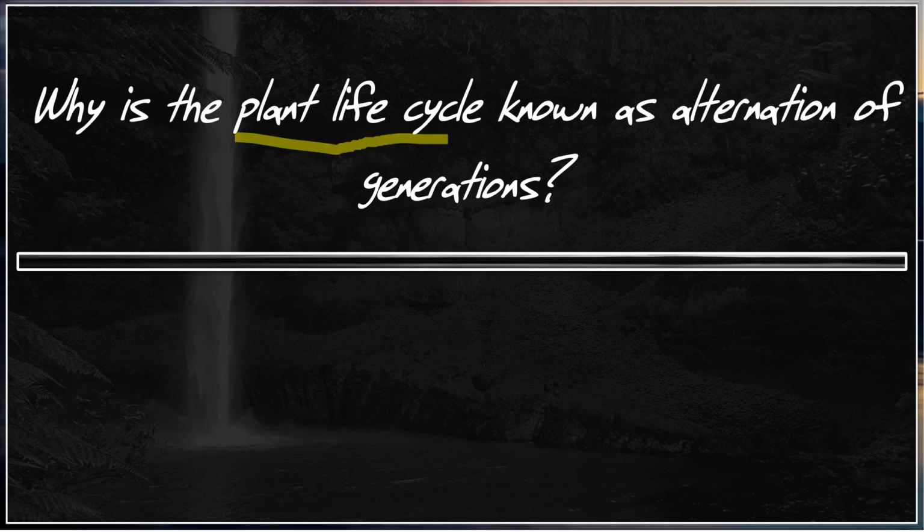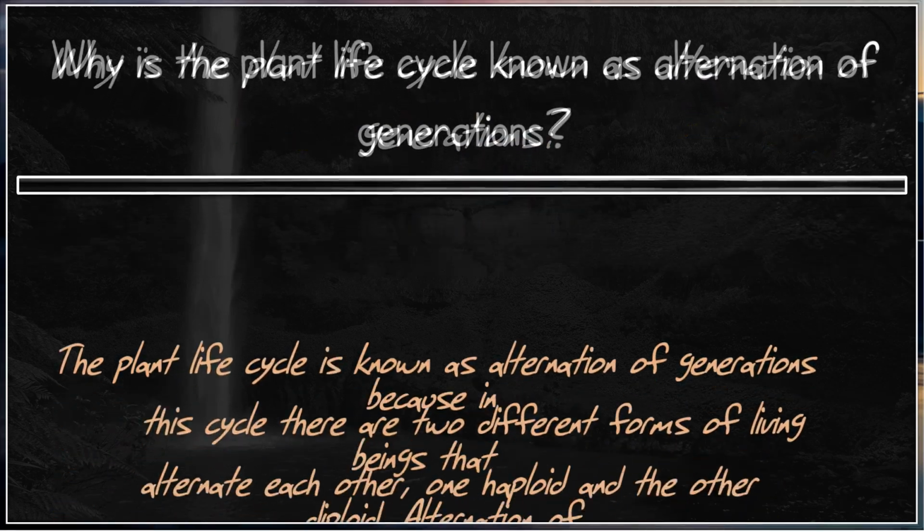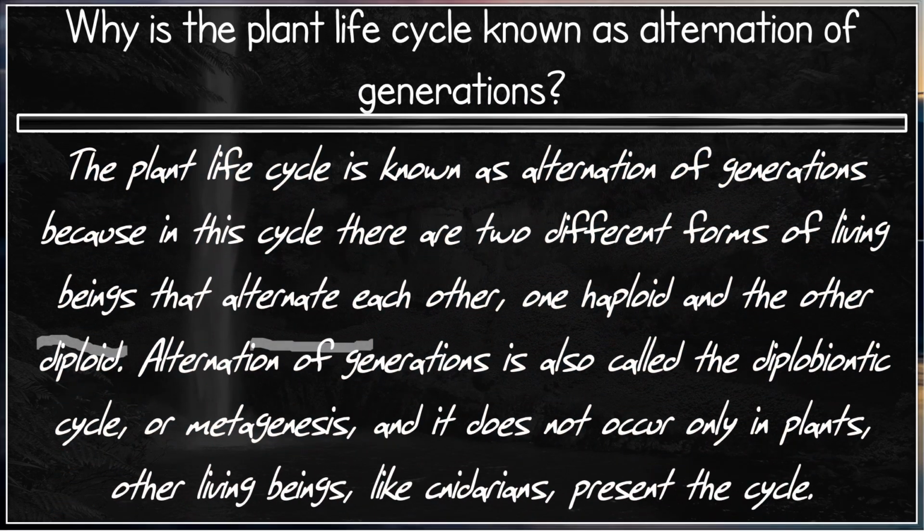Why is the plant life cycle known as alternation of generations? Plant life cycle is known as alternation of generation because in this cycle, there are two different forms of living being that alternate each other.